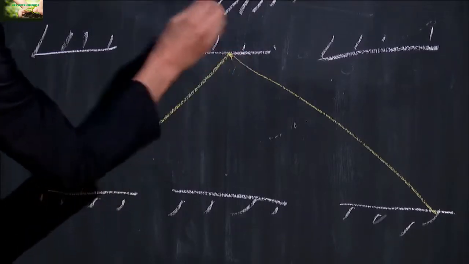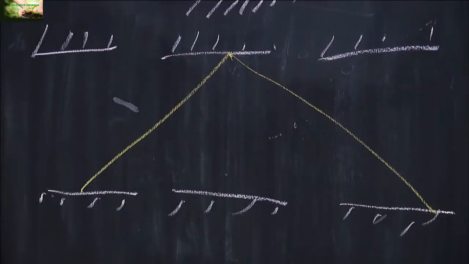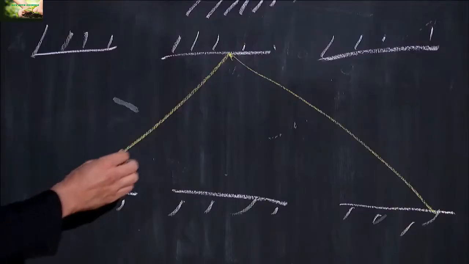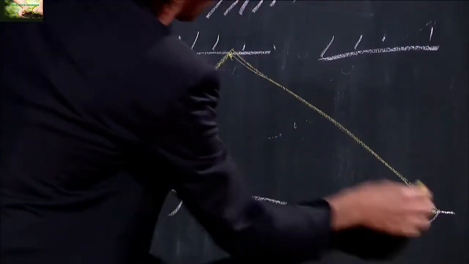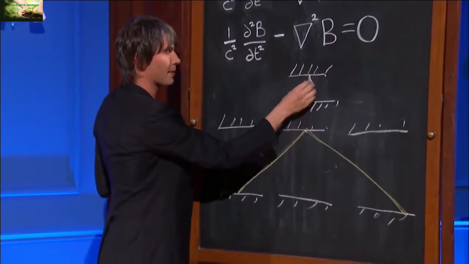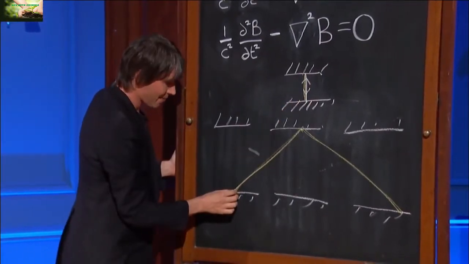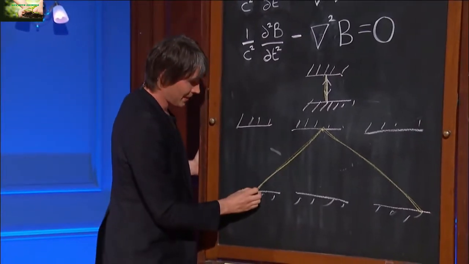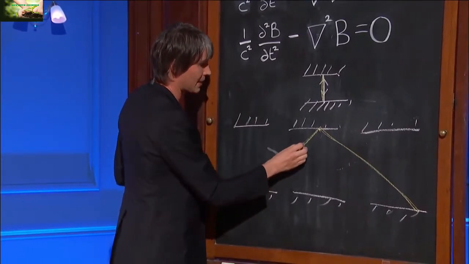Here is what Einstein's postulate, Einstein's suggestion that the speed of light is constant for all observers, implies. See, this path is obviously longer than this path. So, if we all agree on the speed of light, then it is obvious that it must take the light longer to tick for the moving clock than it does for the stationary clock.